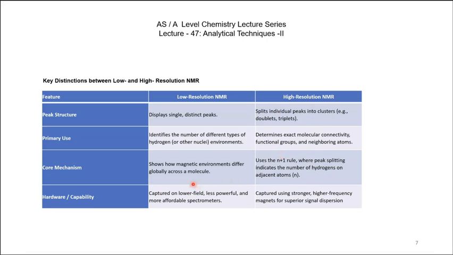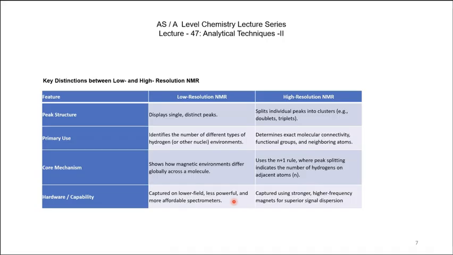Why are we talking about low resolution and high resolution? If we take the hardware and compatibility, we see that in low resolution, the magnetic field is lower, less powerful, and the machine is more affordable because it is cost effective.